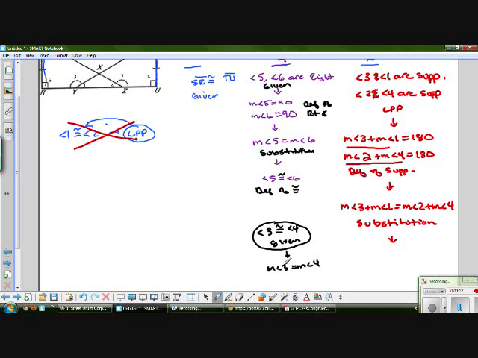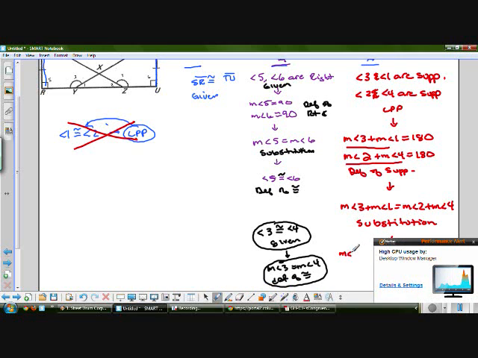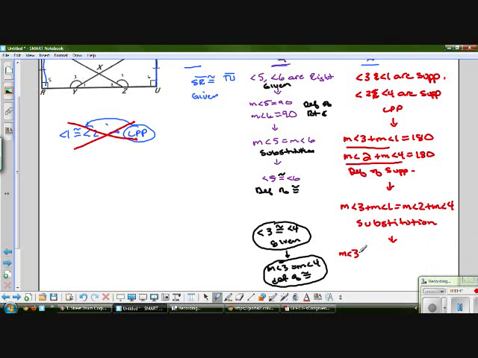Why that's important, why I saved it to write it here, is because now I can substitute 3 for 4 and create an equation that actually is solvable. So what I can tell directly from this is that the measure of angle 3 plus the measure of angle 1 is equal to the measure of angle 2 plus the measure of angle 3.